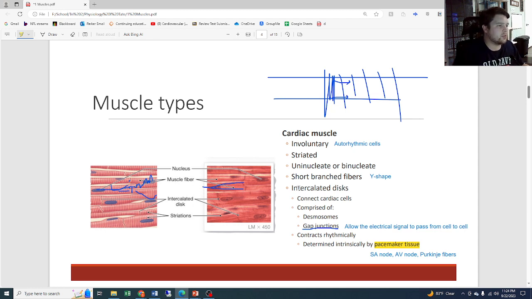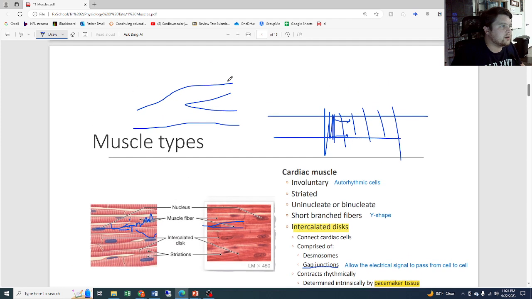And also, something very, very important to know is that there's something called an intercalated disc. So here is my cardiac muscle cell, and it's going to connect onto another cardiac muscle cell, and so on and so forth.